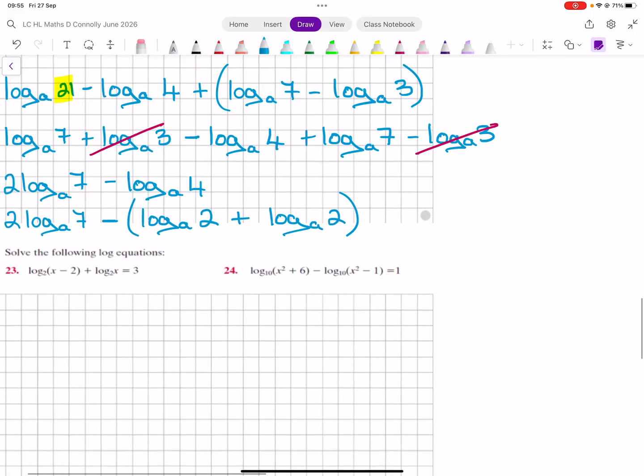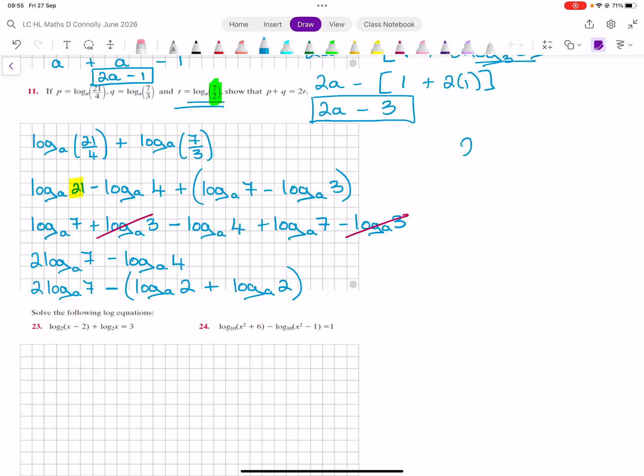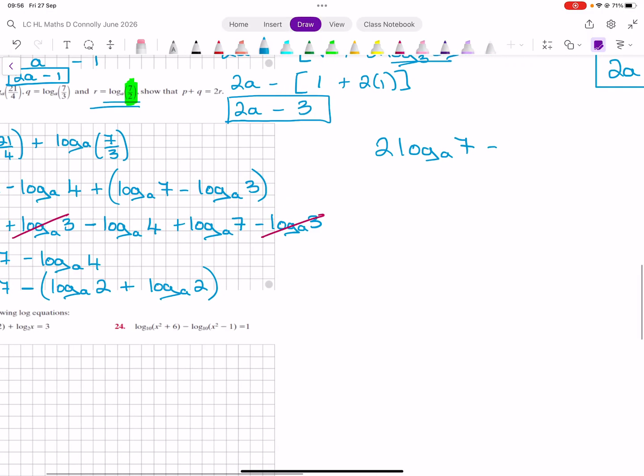Okay, I think this might work. So if I go up here, I've got 2 log to the base a of 7 minus 2 log to the base a of 2.